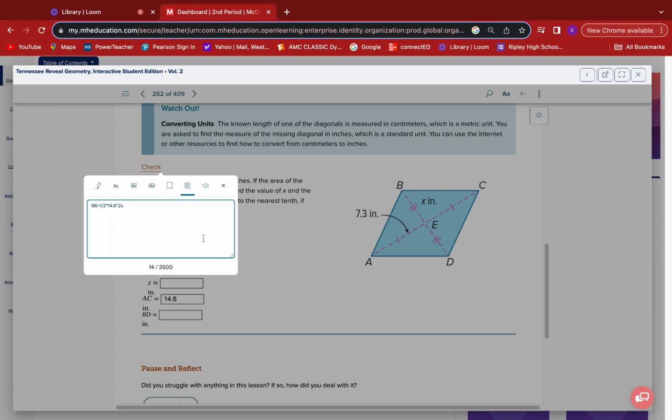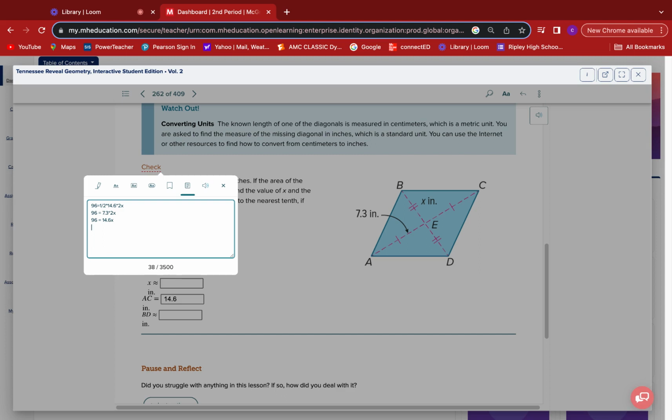So let's see. I'm going to go ahead and take half of the 14.6. So I got 7.3 times 2X. 96. I'm going to multiply 7.3 times 2. I got 14.6 X. And the opposite of multiplying by 14.6 is to divide by 14.6. So I'm going to take 96, divide by 14.6.